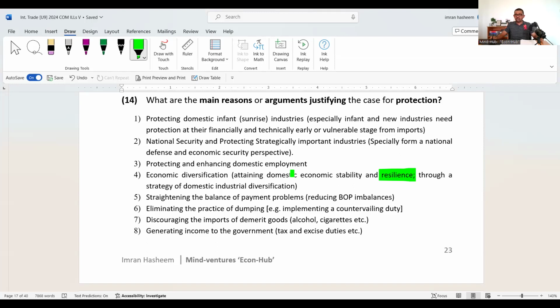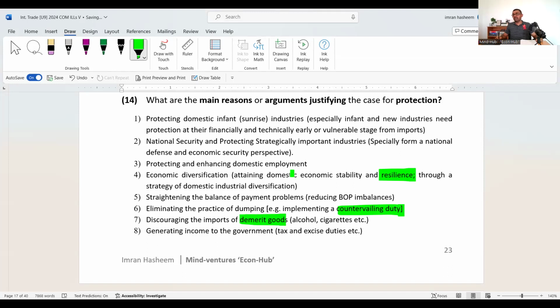I'm not actually sure whether it was passed in the parliament, the anti-dumping law, right? China was not very happy about it, right? So the tariffs you have against dumping are called countervailing duty. It's just a term, right? Don't overdo it, but if you can remember, good. Countervailing duty. Then discouraging the imports of demerit goods. That's also an argument for protection, things like alcohol, cigarettes, all that.